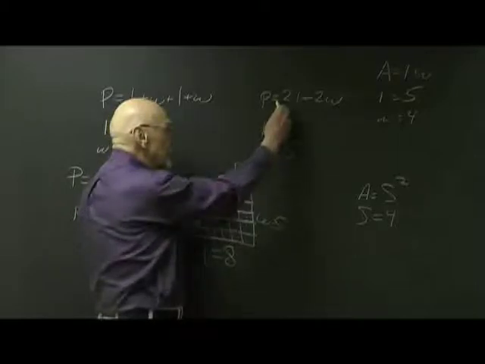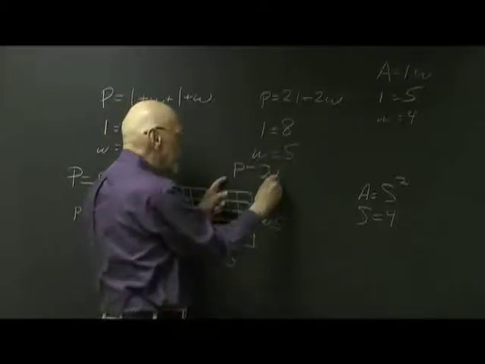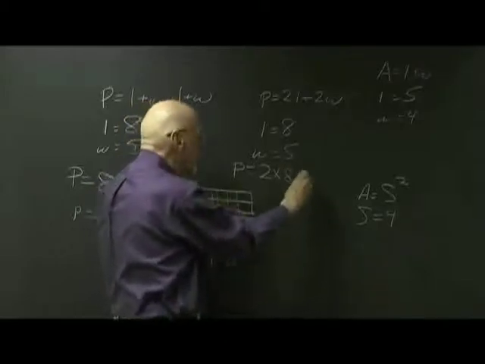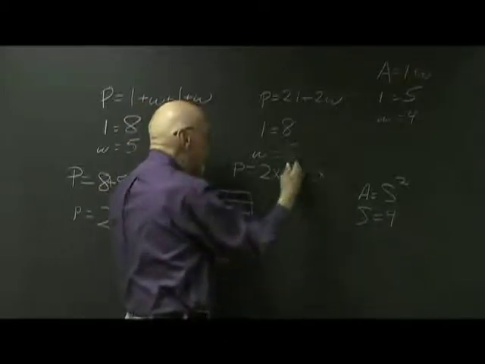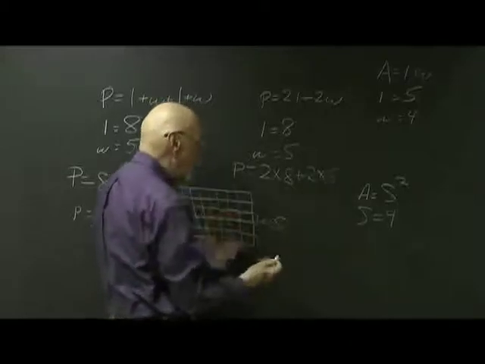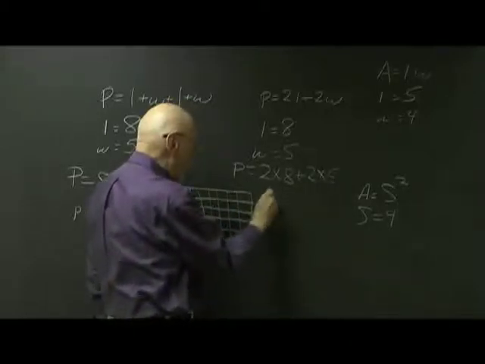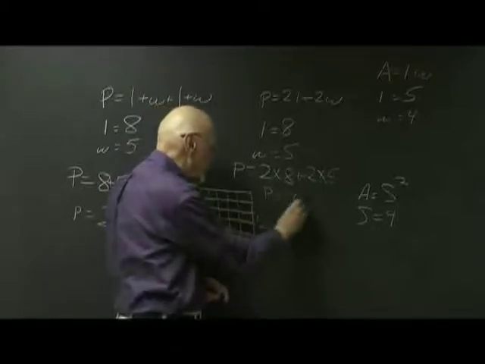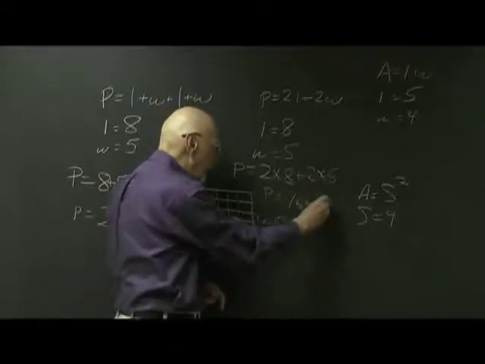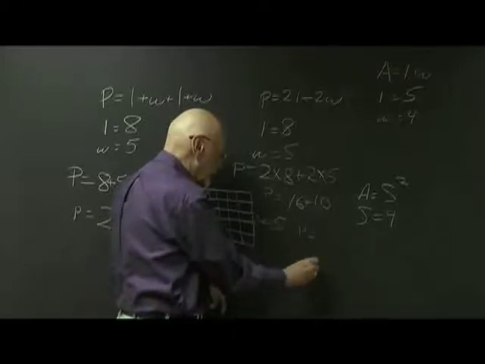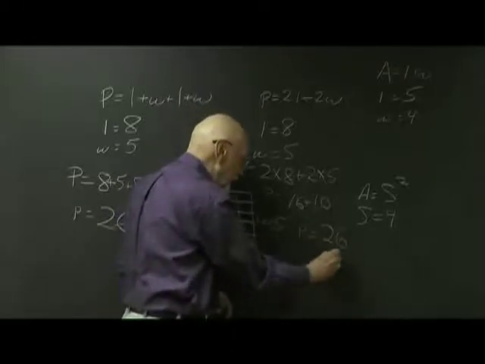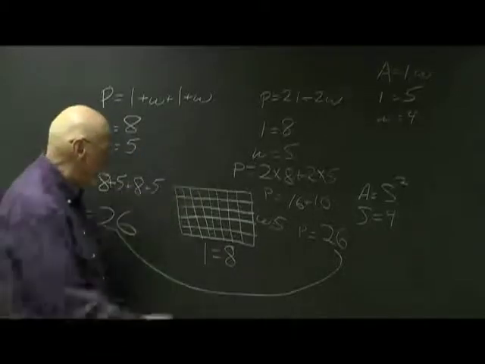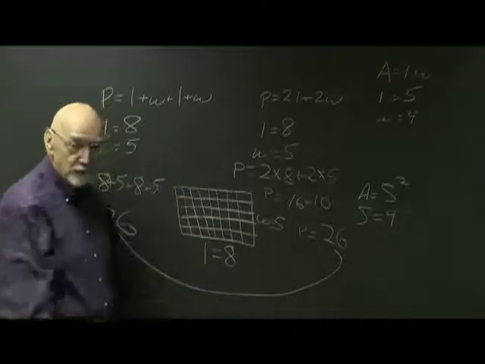Perimeter equals 2 times 8, because 8 is the length, plus 2 times 5, because 5 is the width. Now we perform the operations. 2 times 8 is 16, plus 2 times 5 is 10. And we have 16 plus 10, which is 26. And of course, that's what we got with the other formula. And if you count them, you will get 26.